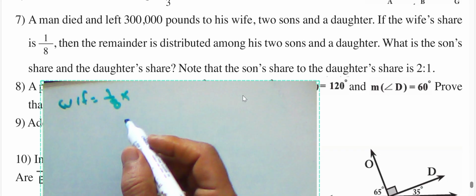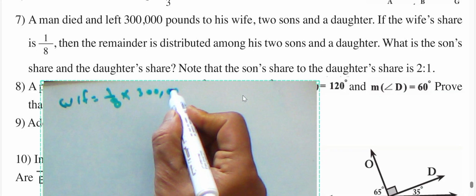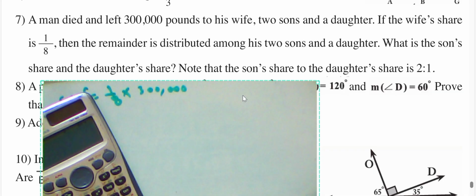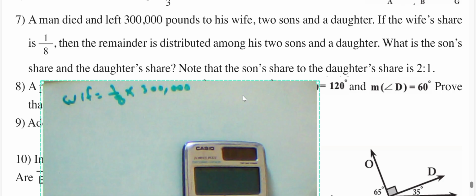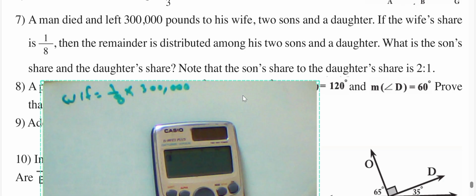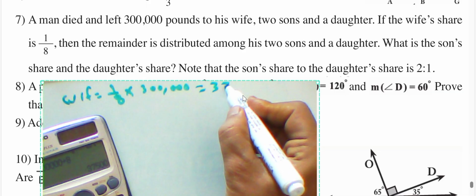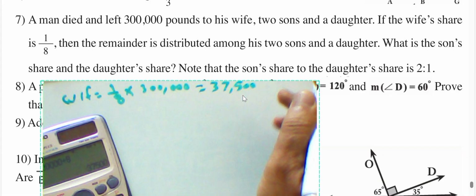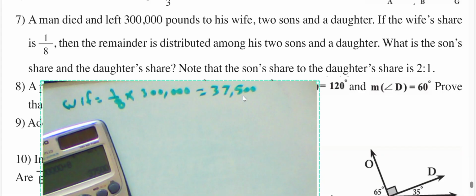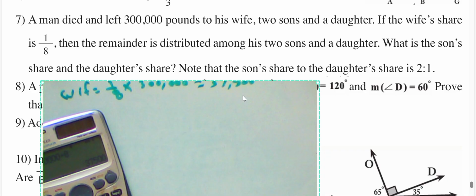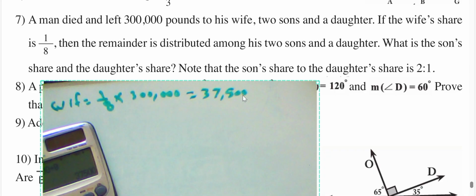One eighth of 300,000. We can write 300,000 divided by 8, which equals 37,500. Okay, and then we can find the difference between the wife's share and the total money.